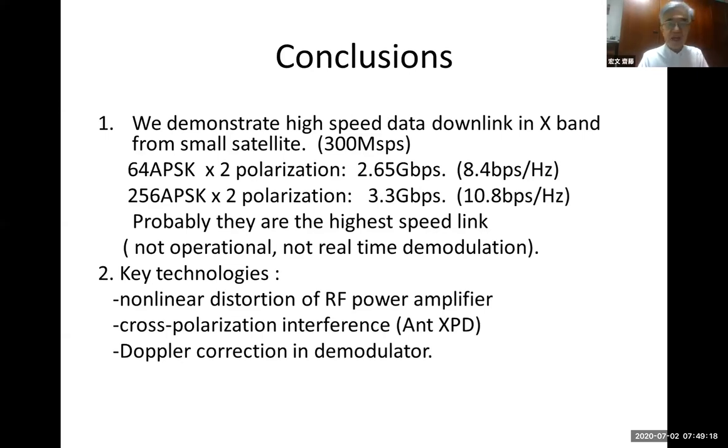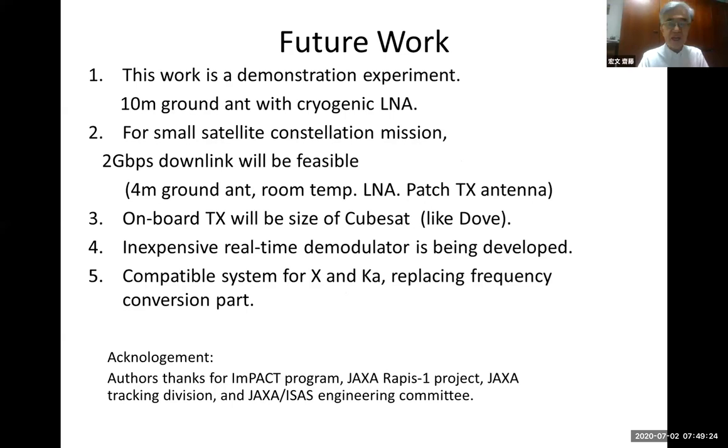This is the future plan. For a small satellite constellation mission, we have to use a little bit smaller ground antenna, a 4-meter ground antenna, a practical room temperature low noise amplifier, and a small patch onboard antenna.